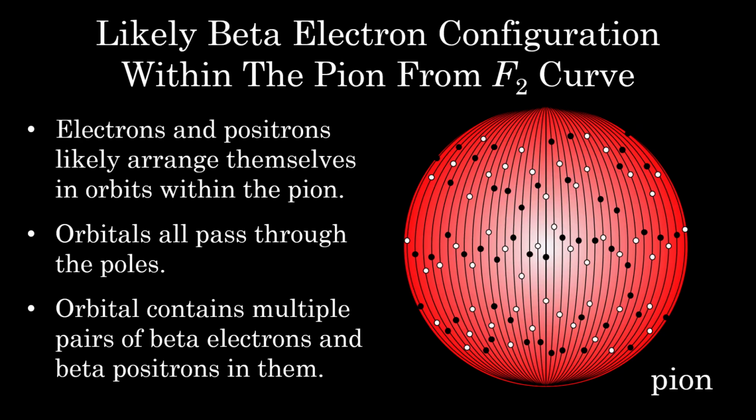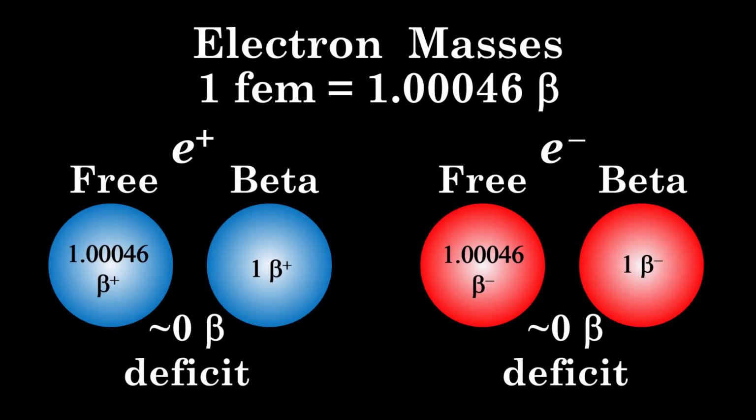Because of this, they are likely in an orbital-like configuration within the pions. This is probably why there is virtually no mass defect between the beta electrons and beta positrons in the pion and those in the free electron and free positron.